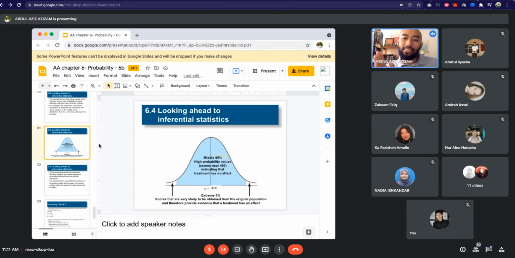So the rest from the 95% we consider as an extreme 5%. So extreme 5% will be in the left side and also will be in the right side. So 2.5 on the left, 2.5 on the right.